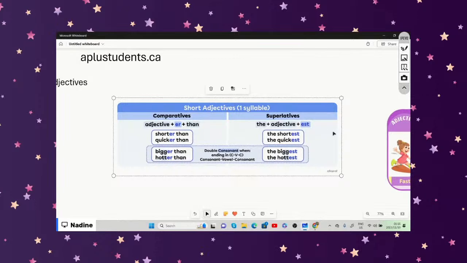For example, if we say short, and then we compare, we say shorter than. And then the superlative is the shortest.